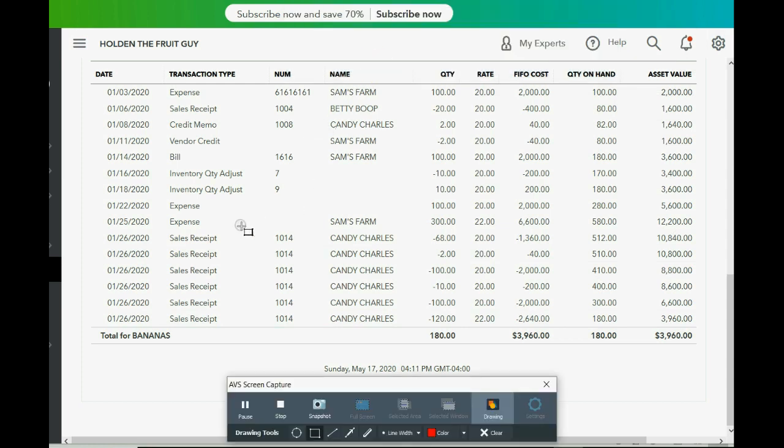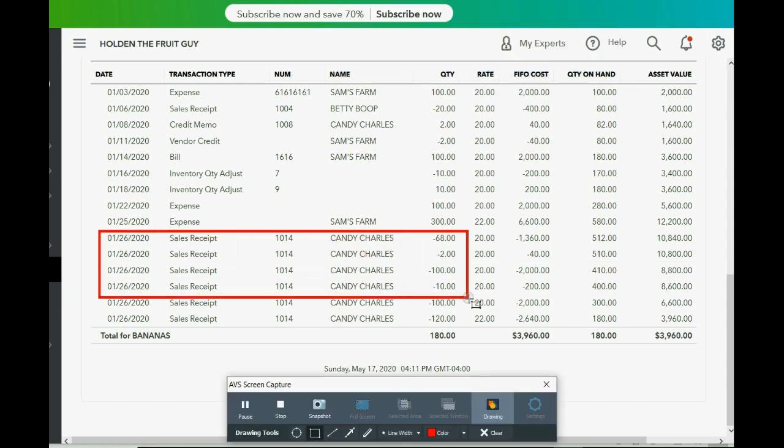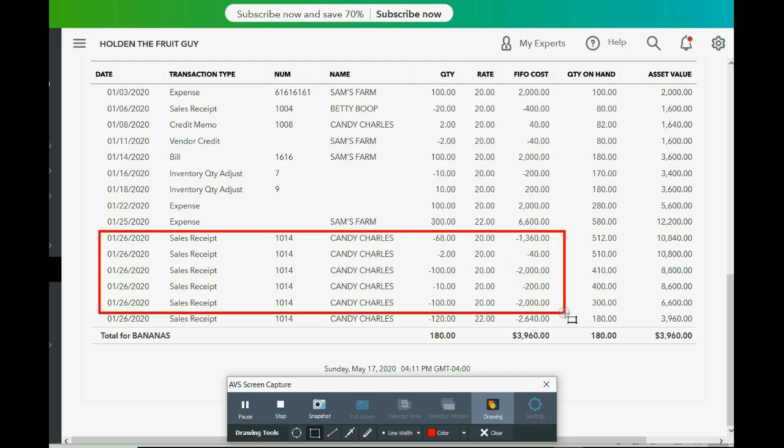So if you look at this, these will all add up to 120, guaranteed. And these will add up to the 280. So these 1, 2, 3, 4, 5 lines are the 280 bananas that we gave to the customer for $20 each. And in that same sale 1014, we also gave them 120 bananas that we paid $22 each.